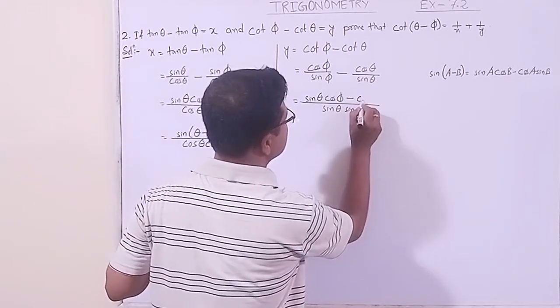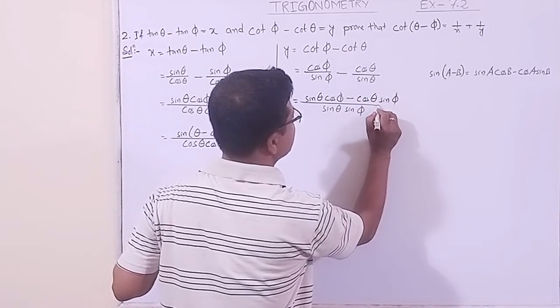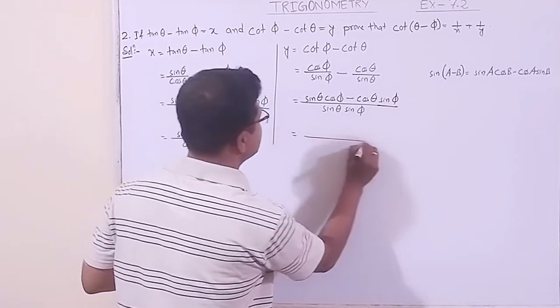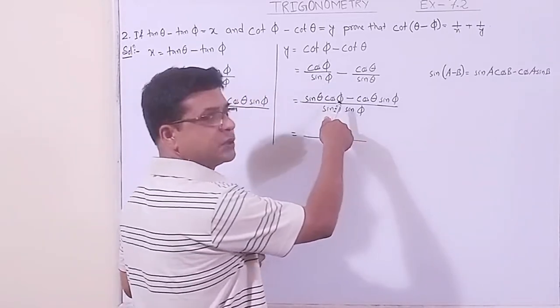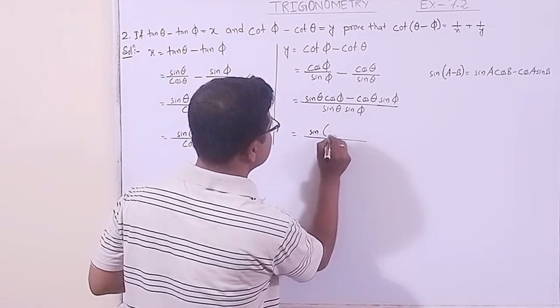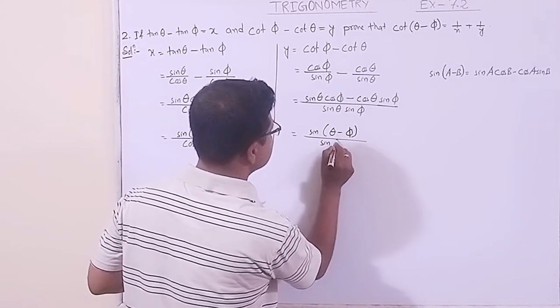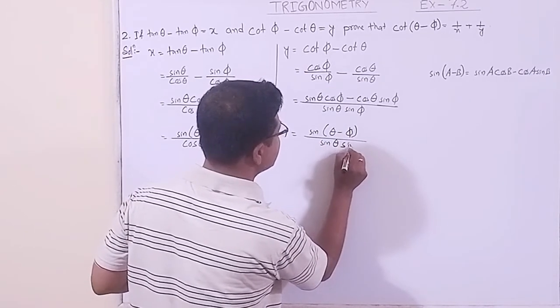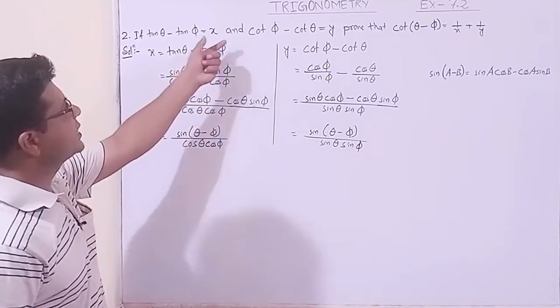So with cos theta it will multiply, cos theta sin phi. Okay, so now this is of which form? Here you see again in this form, sin a cos b minus cos a sin b. So this is sin a minus b, and like this same thing we are writing. So we have simplified for x and y.